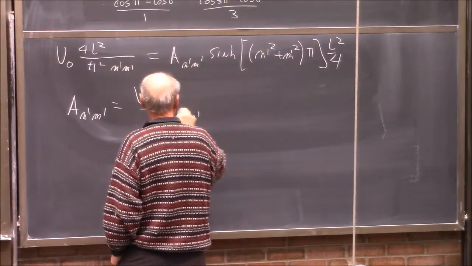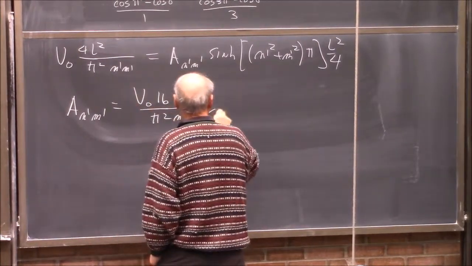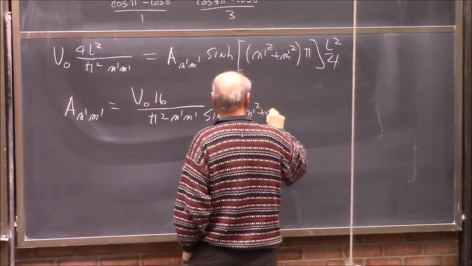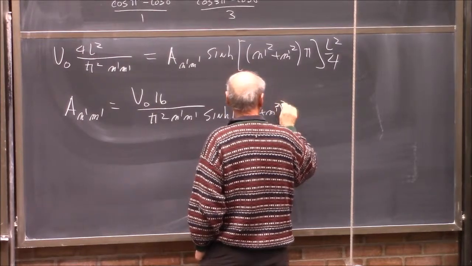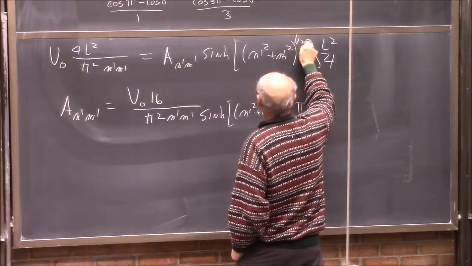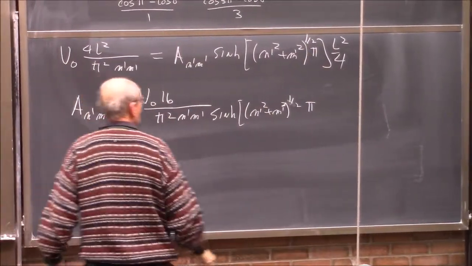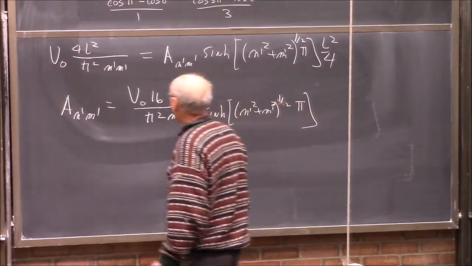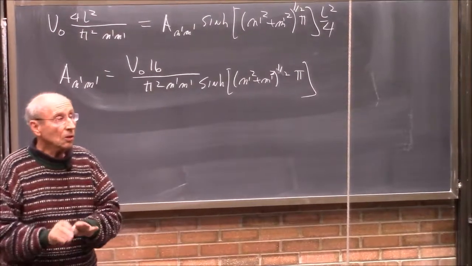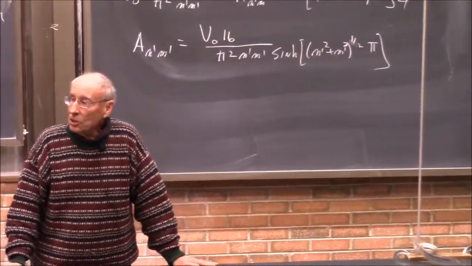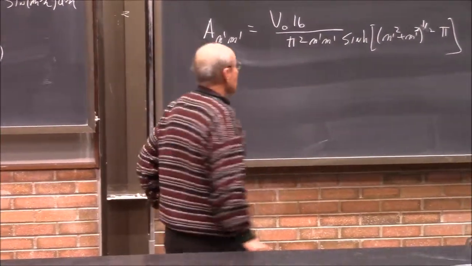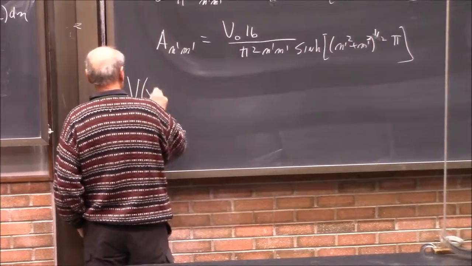N prime, sinh of the square root of n prime squared plus m prime squared times pi. Okay? So we have determined the coefficients in that series which are required to satisfy the last boundary condition. And so now we have the problem completely solved.